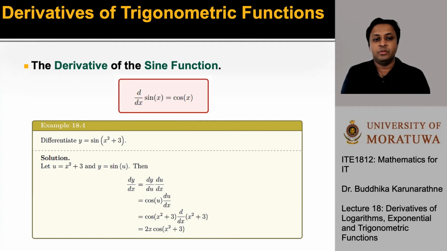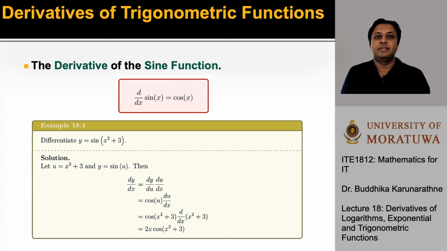So dy over dx is equal to dy over du times du over dx. dy over du becomes cos u because the derivative of the sine function is cosine. Then you have cos u times du over dx. u is x squared plus 3, so cos u is cos of (x squared plus 3), and the derivative of u with respect to x is 2x, because the constant 3 becomes 0 and the derivative of x squared is 2x.